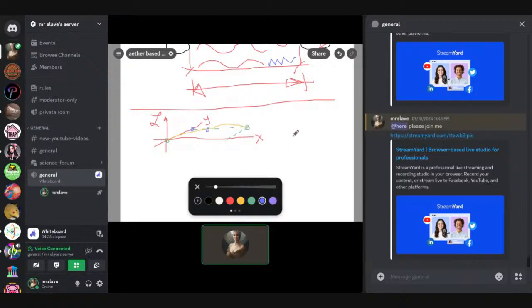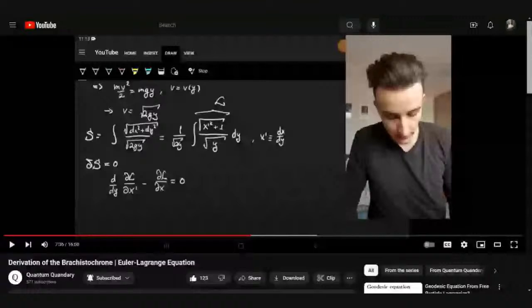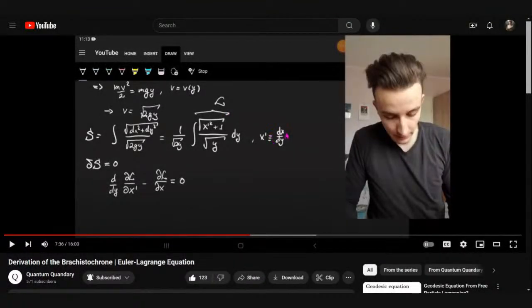So x cannot be defined as a function of y. So when he says that x prime is dx dy, this assumes that x is a function of y, but that does not hold. X cannot be a function of y in this problem, the way he posed it.